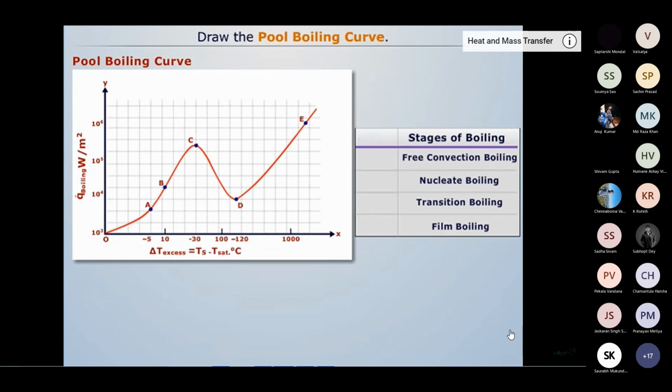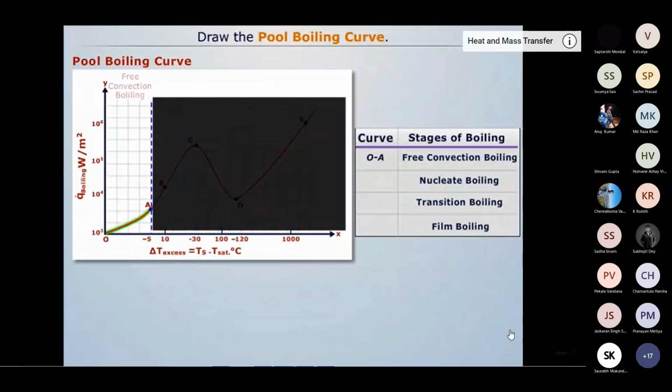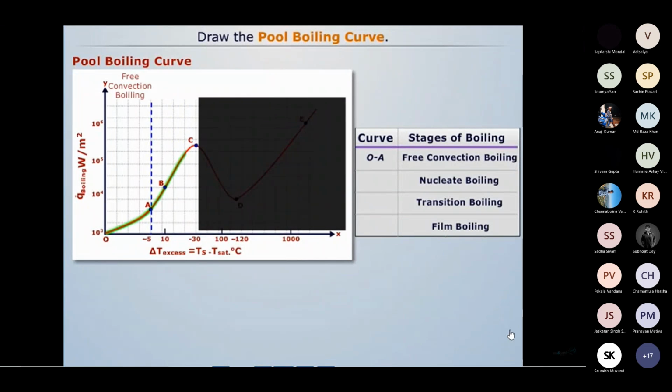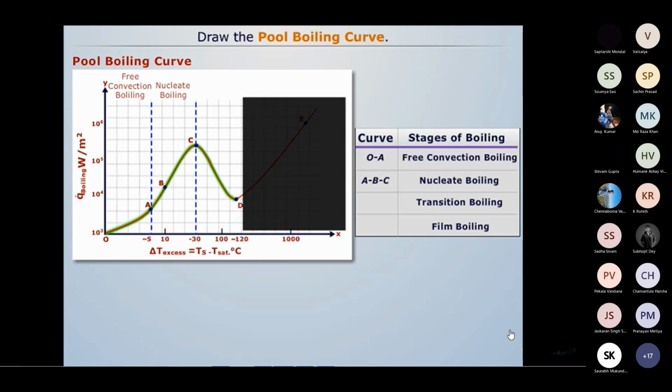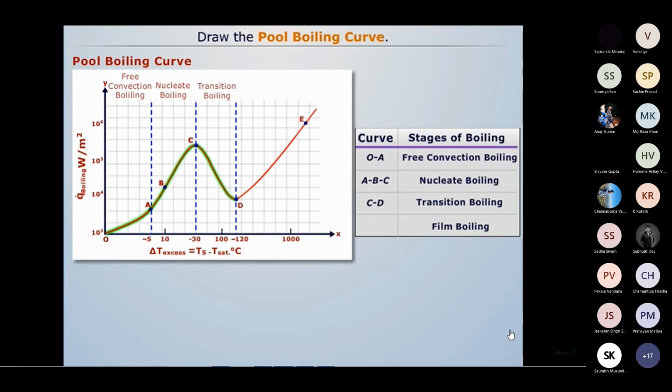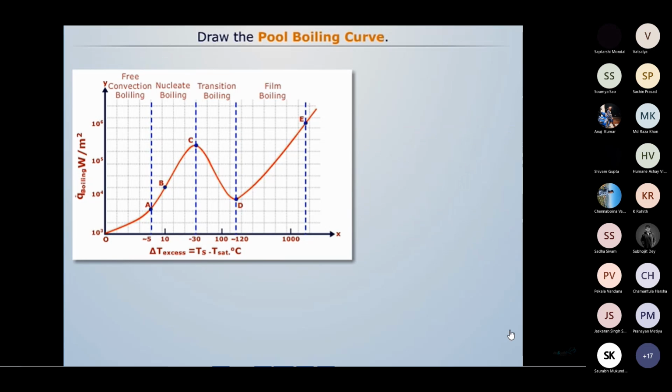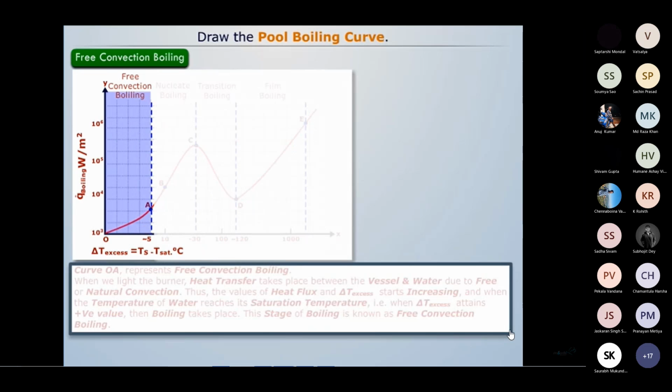Here, curve OA represents the stage free convection boiling. Curve ABC represents the stage nucleate boiling. Curve CD represents the stage transition boiling. And curve DE represents the stage film boiling. Now let's understand each section of the curve one by one. Let's discuss curve OA, which represents the stage free convection boiling.